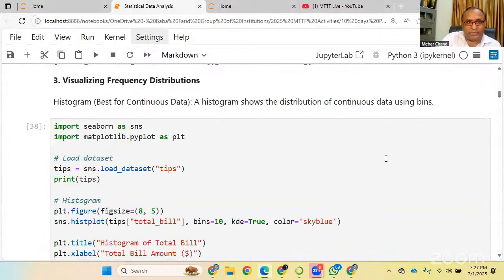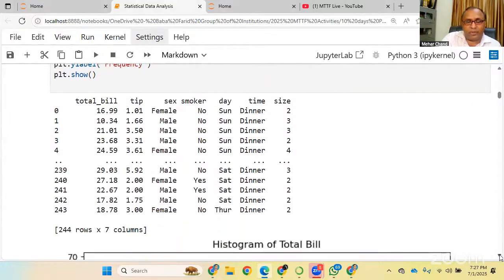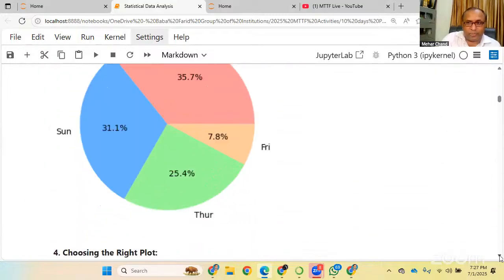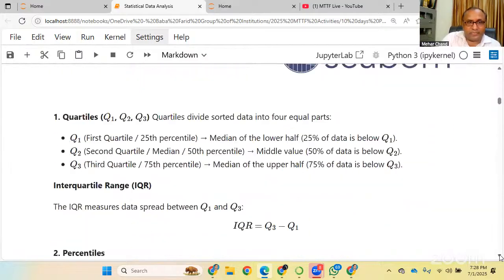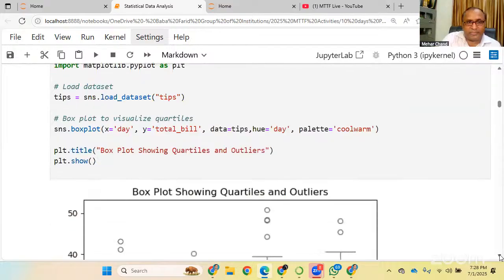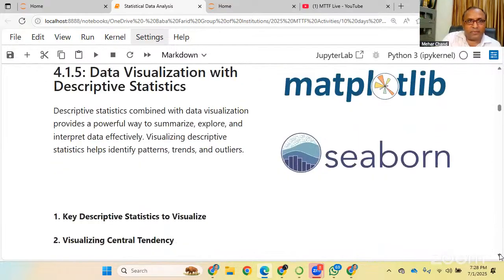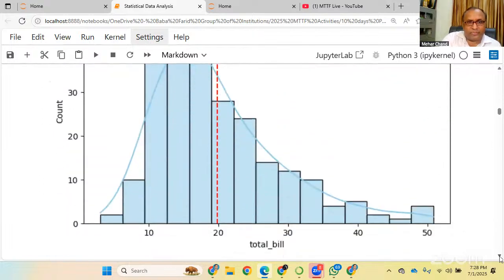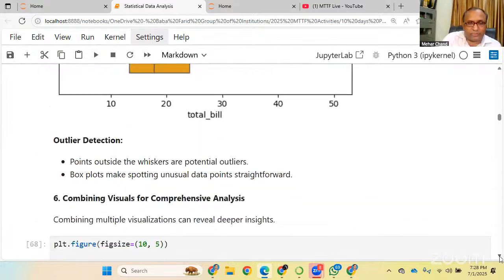Here, this part we discussed yesterday, and I have to start from section 4.2. This part has been discussed, and this also has been discussed, box plot, etc. Section 4.2.